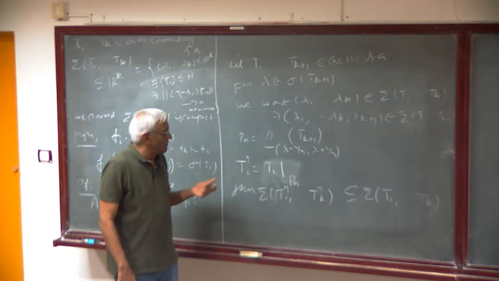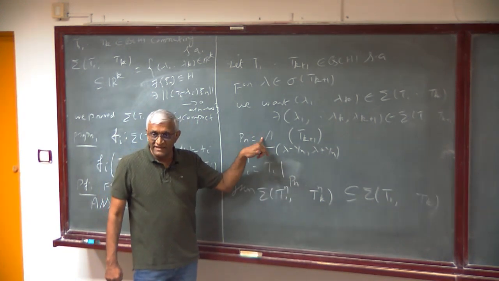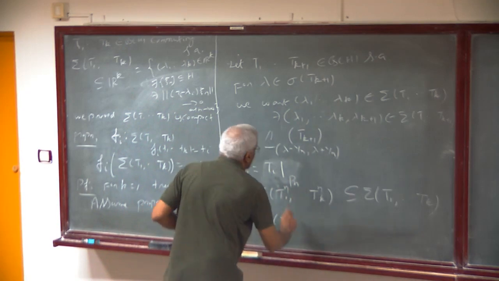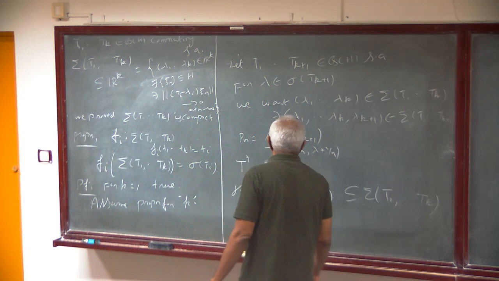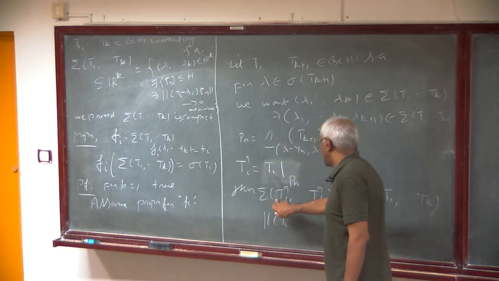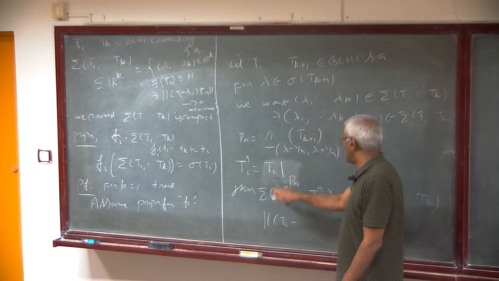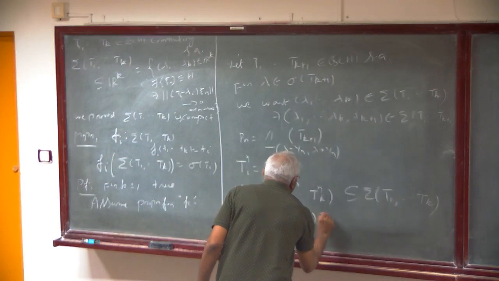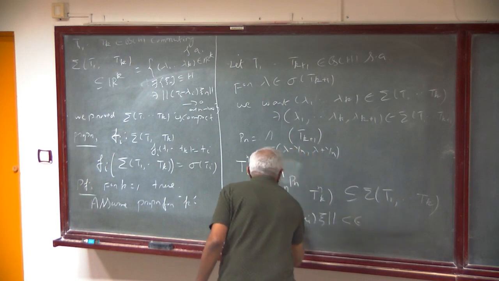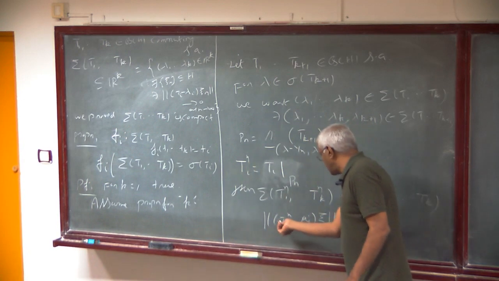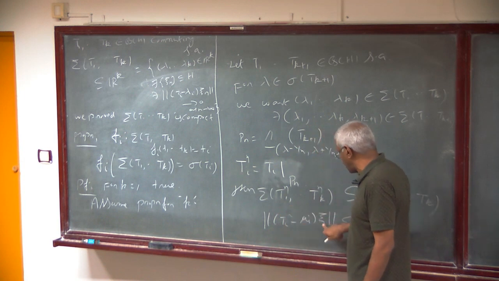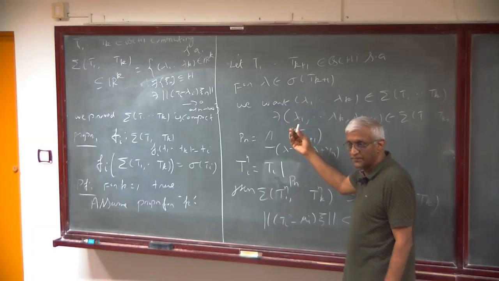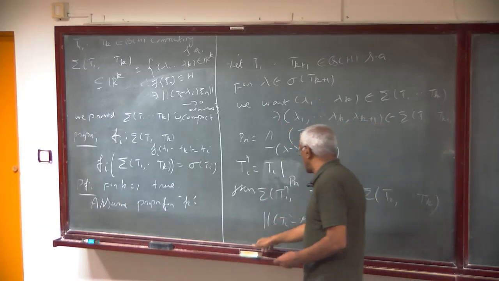Given epsilon, we have to produce a xi in this range such that if we have mu 1 up to mu k, then the norm of (Ti minus mu i) xi is less than epsilon. But Ti acting on xi is exactly Tni, so it will satisfy the condition for Ti also. Okay, so this is fine.